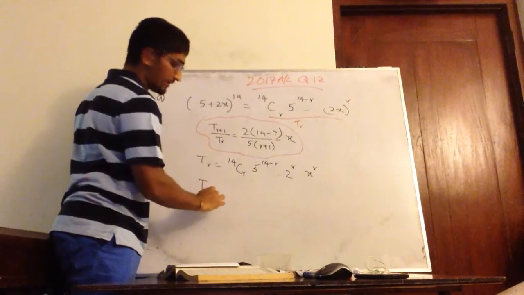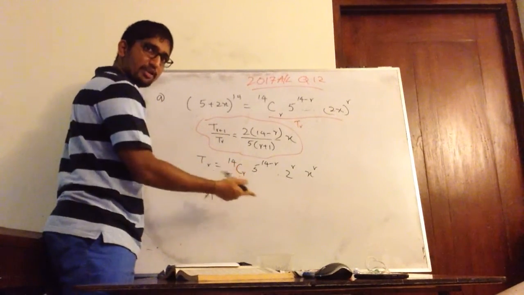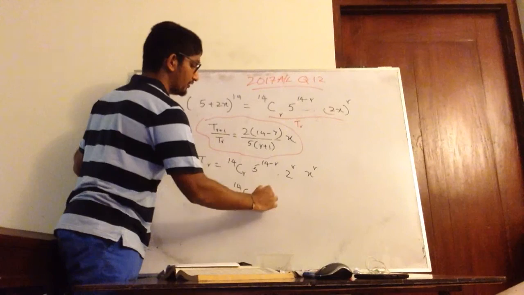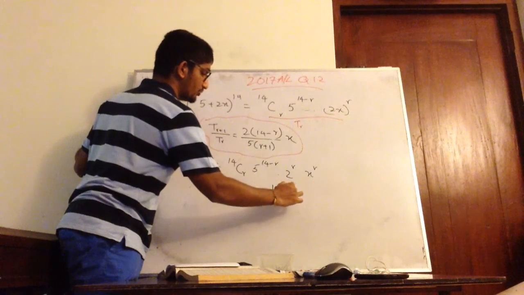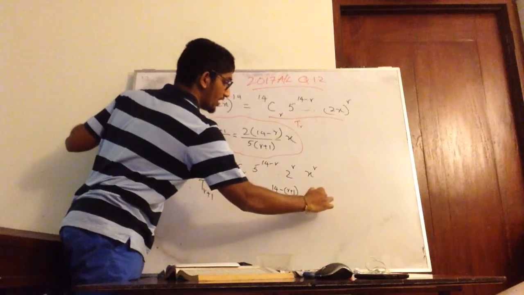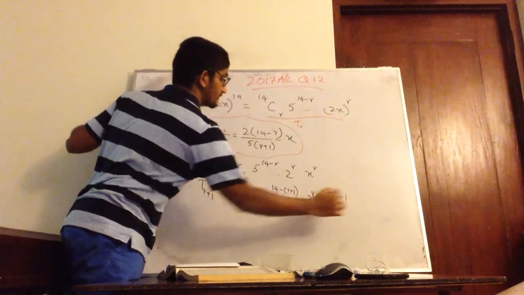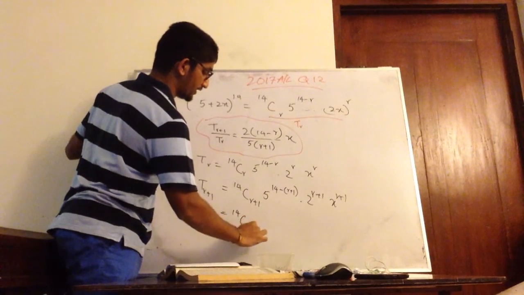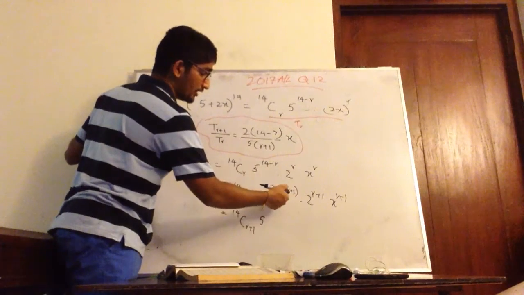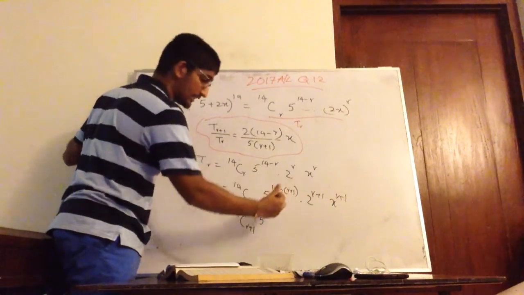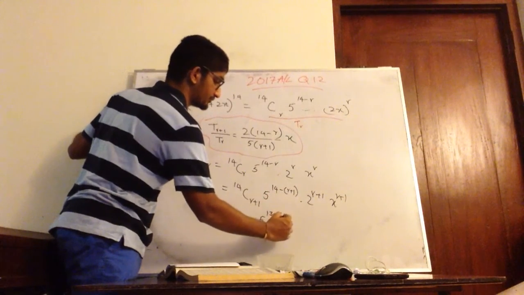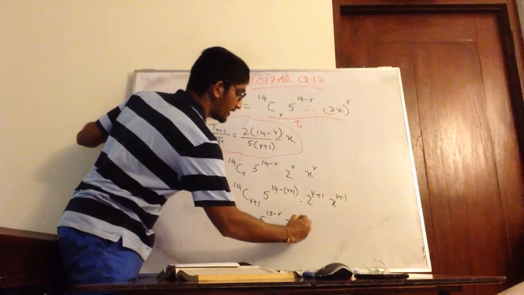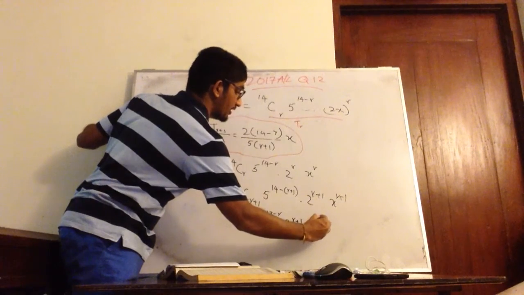Then T_(r+1) is going to be, we put r plus 1 where r is: 14 C (r+1), 5^(14 minus (r+1)), which is 5^(13 minus r), times 2^(r+1) x^(r+1).